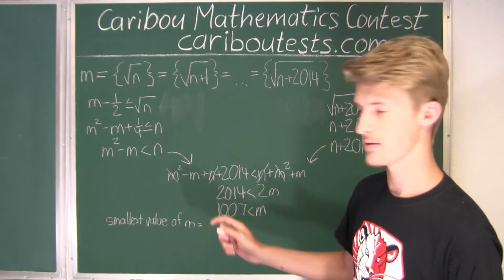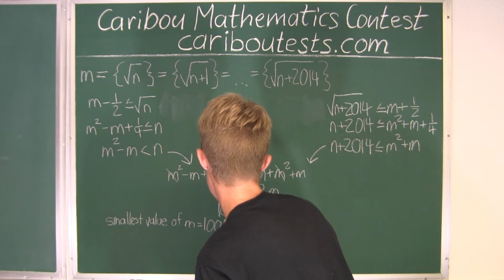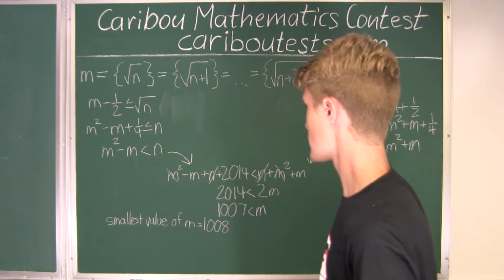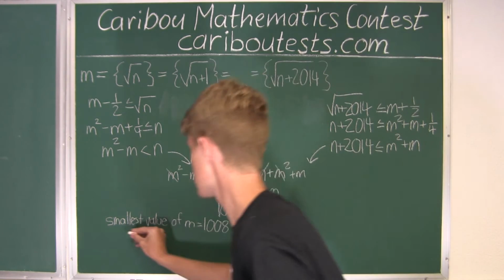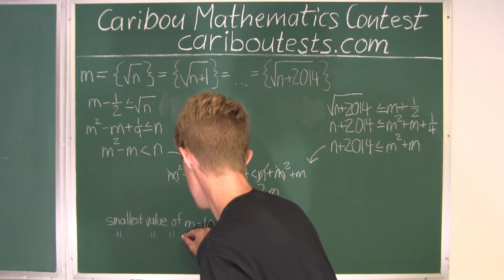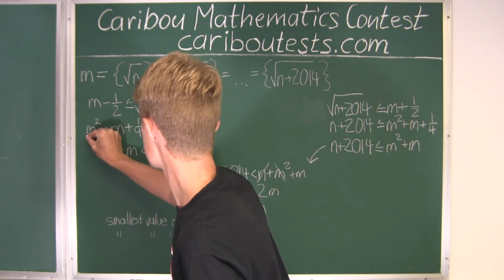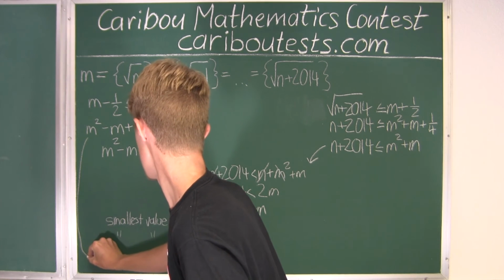Well, that is 1008. Alright, and now finding the smallest value of n, well, this is equal to, and now we would just bring down this.